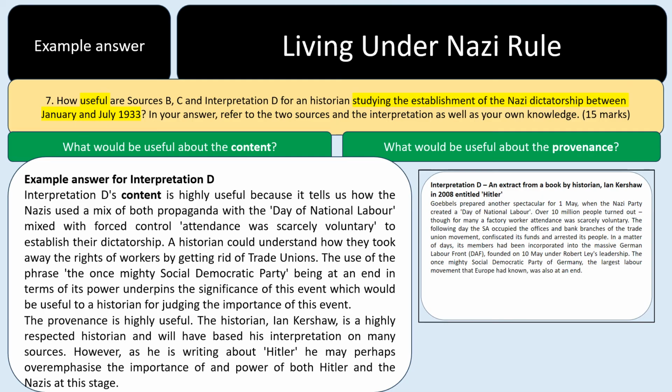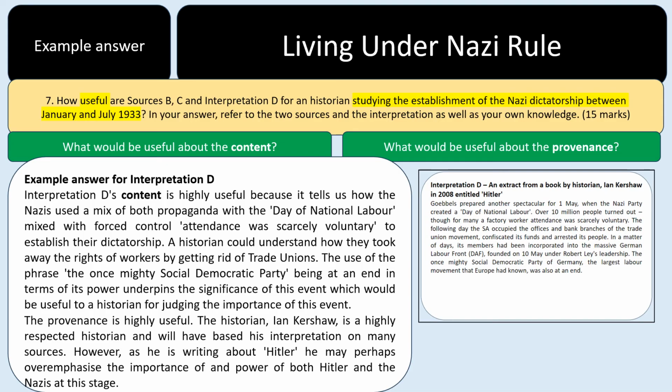Here's an example answer for interpretation D. Let's read it. Interpretation D's content is highly useful because it tells us how the Nazis used a mix of both propaganda, with the Day of National Labour, mixed with forced control, attendance was scarcely voluntary, to establish their dictatorship. A historian could understand how they took away the rights of workers by getting rid of trade unions.